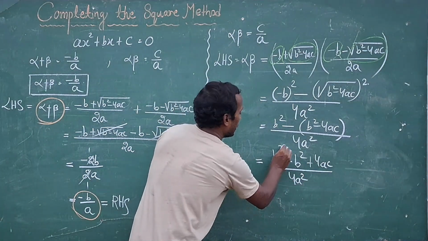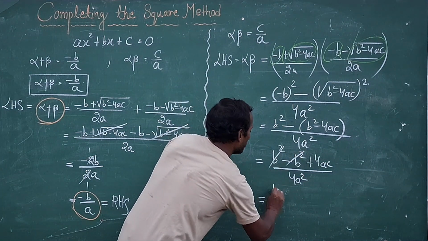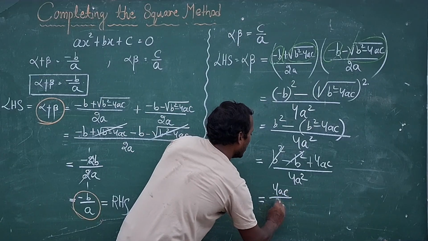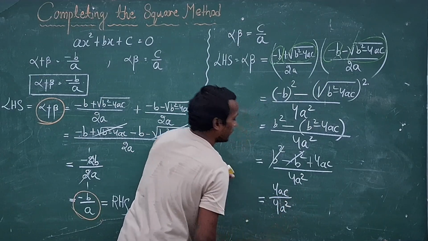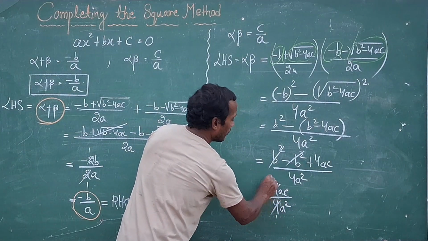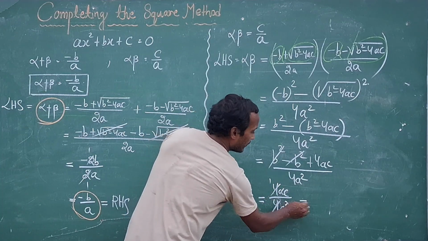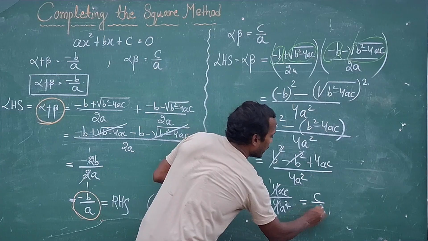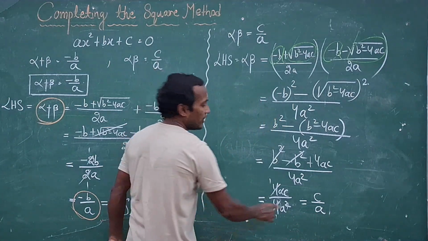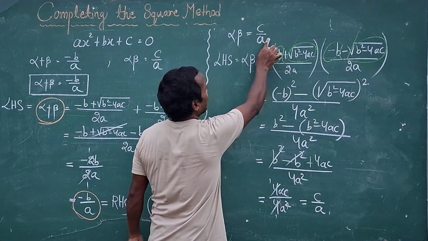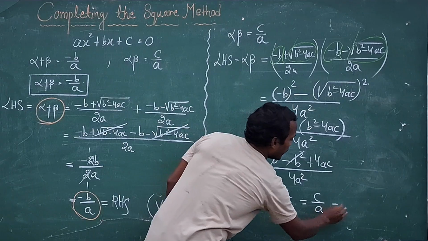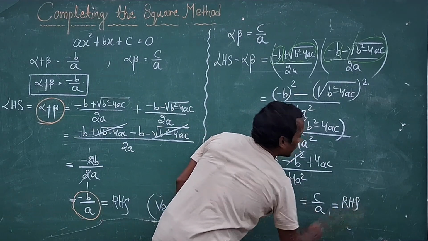Plus b square minus b square cancel each other, so you are having 4ac by 4a square. 4s get cancelled, and a square gets cancelled with this a. You are left with finally c by a. C by a is nothing but RHS of this relation.